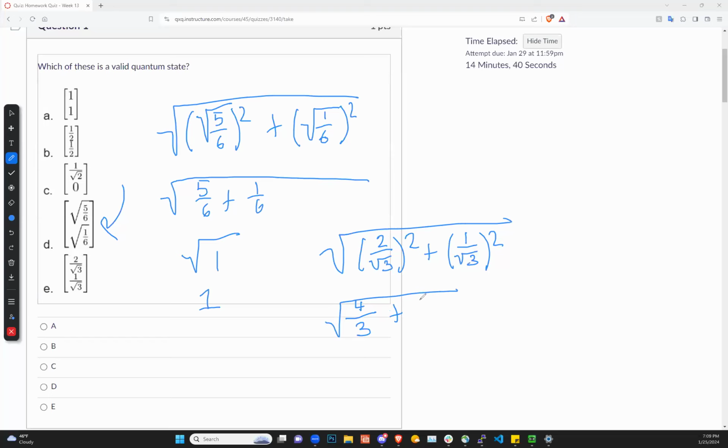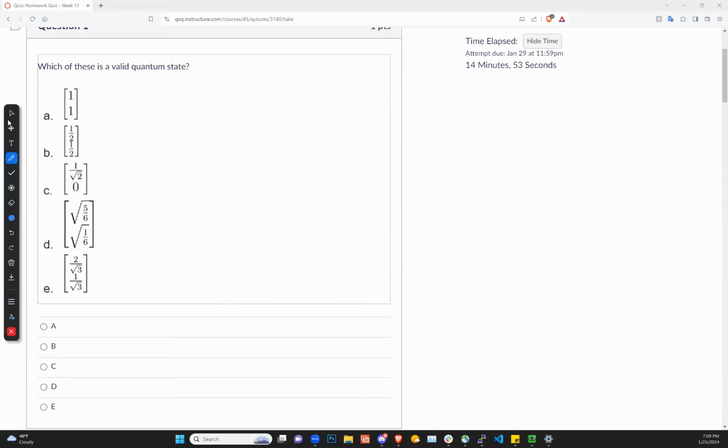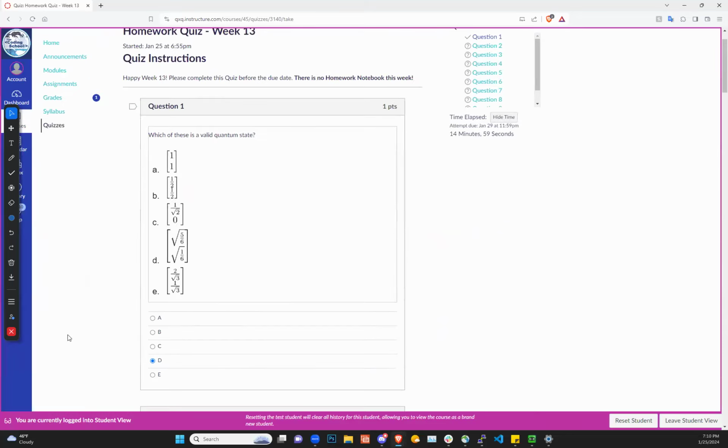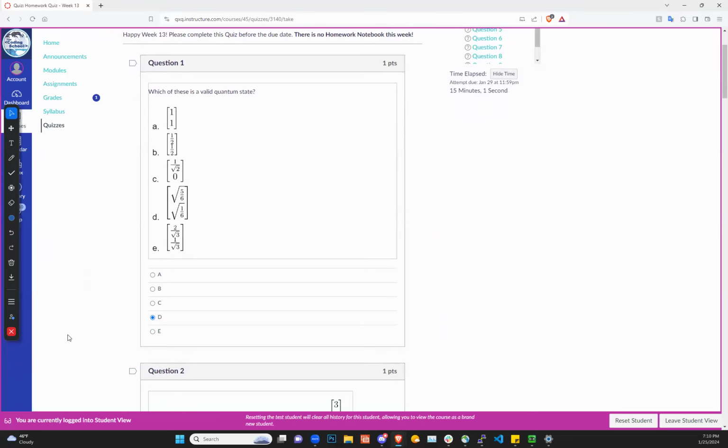Plus 1 squared is 1. And square root of 3 squared is 3. And we get the square root of 5/3, which again is not equal to 1. So the only vector out of all of these that has length 1 is option D here. So the correct answer to question 1 is D. Are there any questions about question 1 before we continue?